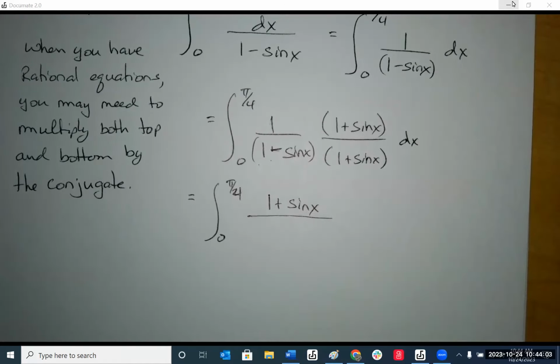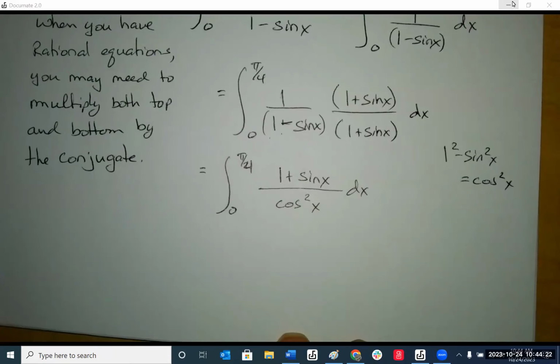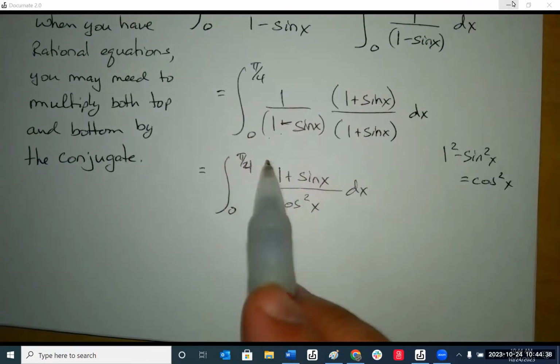It's a trigonometric identity. Now, since we have a monomial on the bottom, we could split them up.